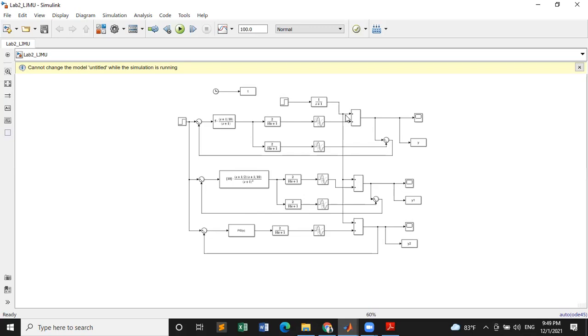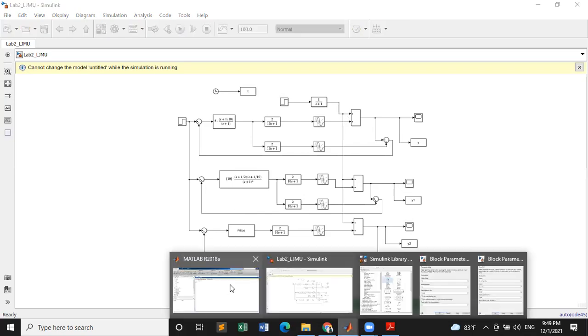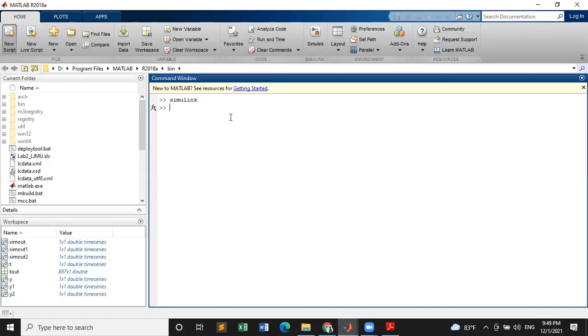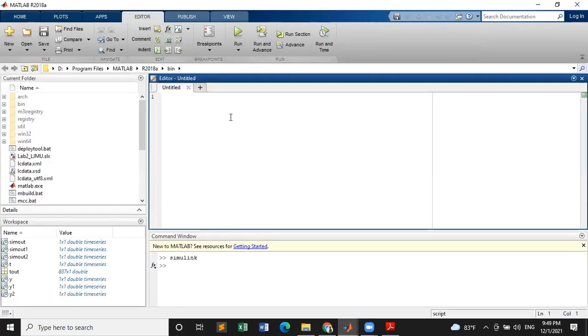Right? So we'll go to MATLAB, the M script. We'll get a new M script. Now what we have to do is write the code to get the plots. We'll clear, and then plot.